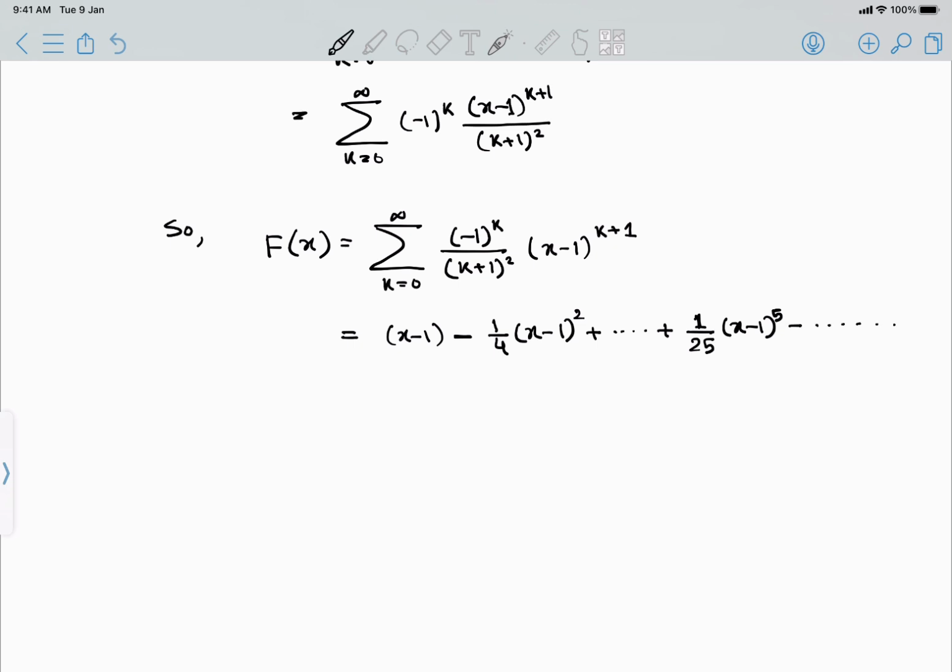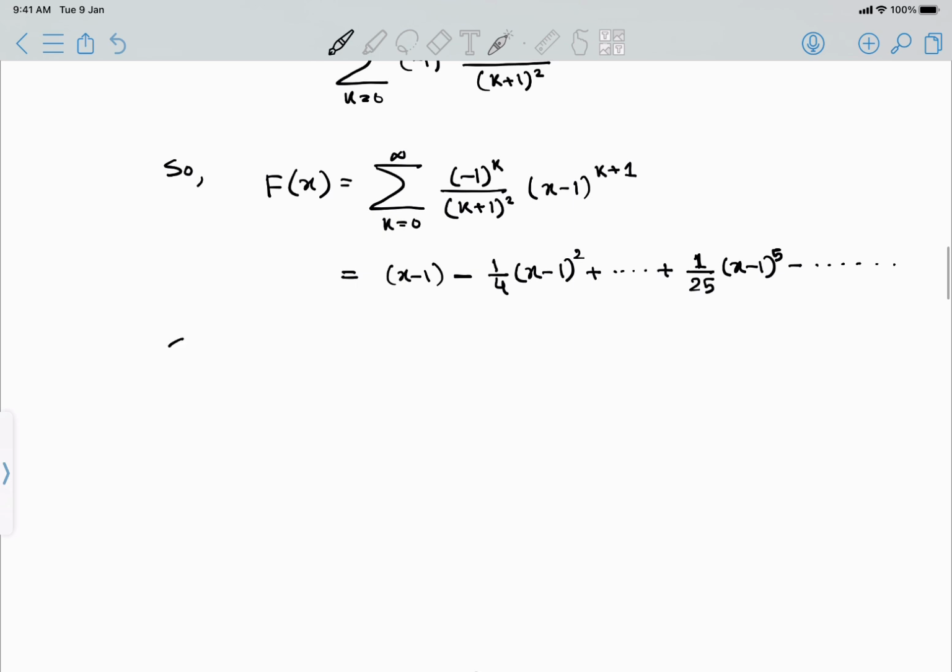So note, this is the Taylor series expansion of f about the point 1.